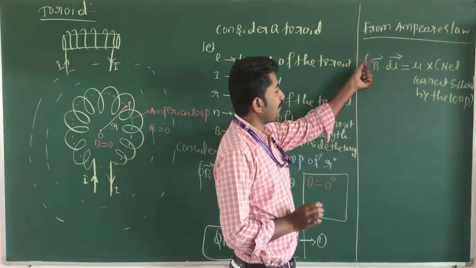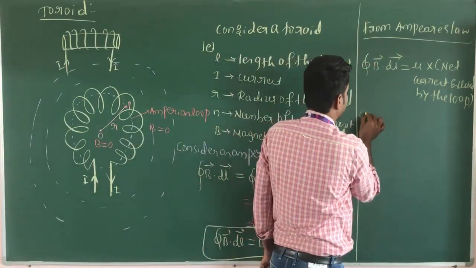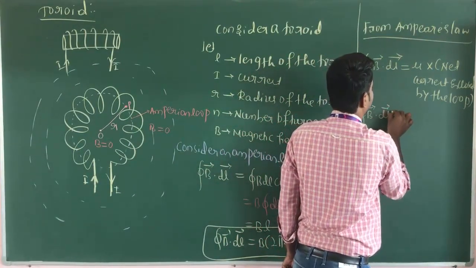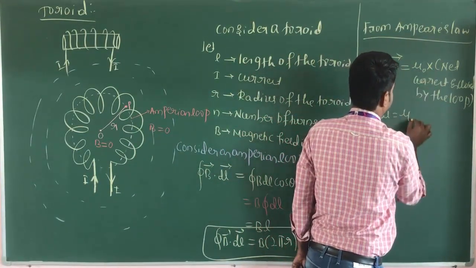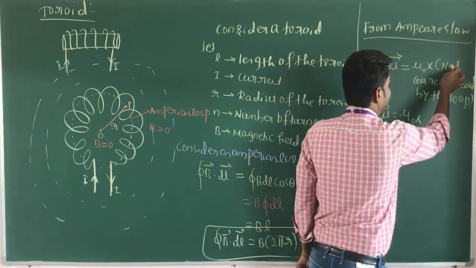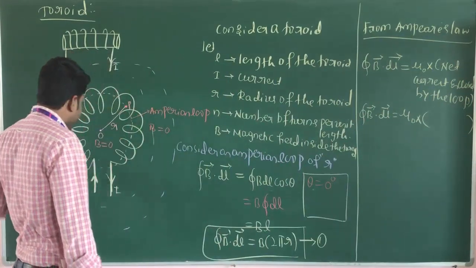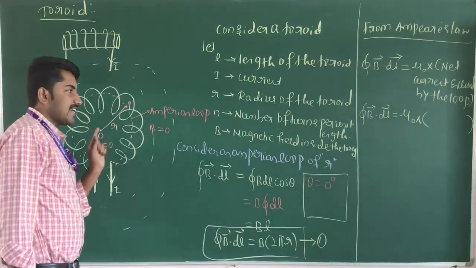Using Ampere's circuit law, I write the equation: the line integral of the magnetic field is equal to mu naught into the net current enclosed by the closed path, or by this loop. This loop contains n number of turns.